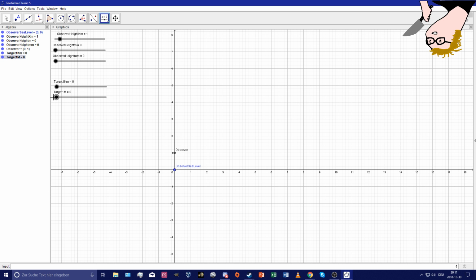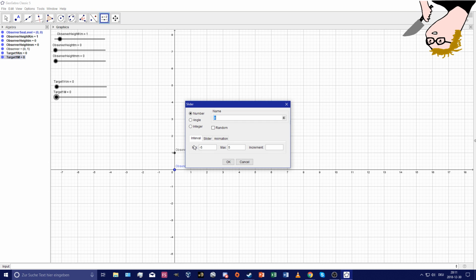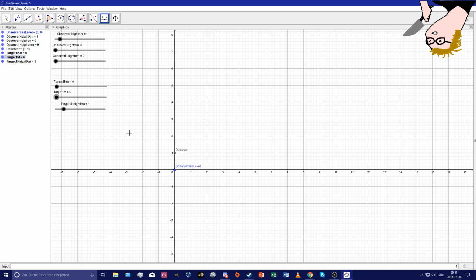What we're gonna need as well is for the height. So we need 2 more sliders, which would be target 1 height, kilometers, from 0 to, let's say, I don't know, 6, increment 1.